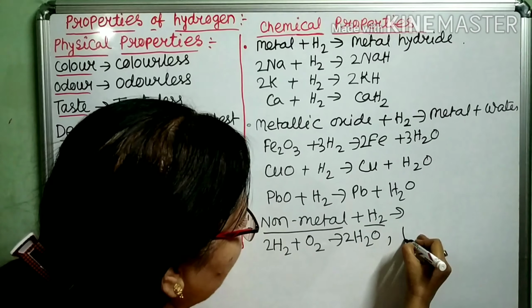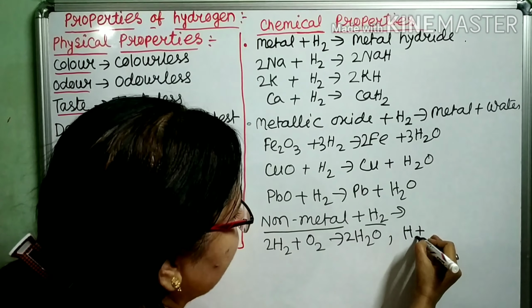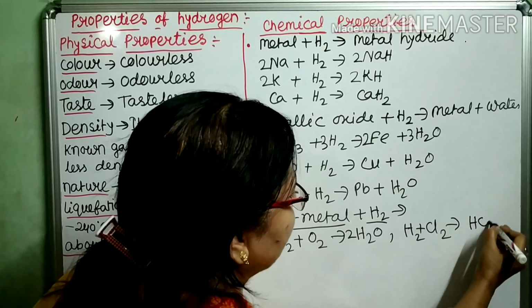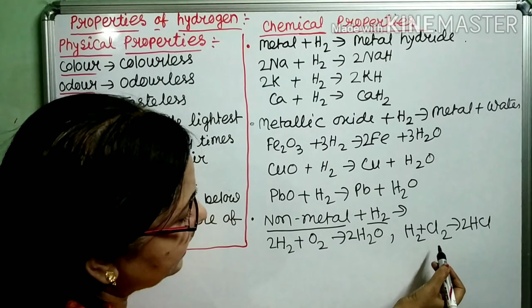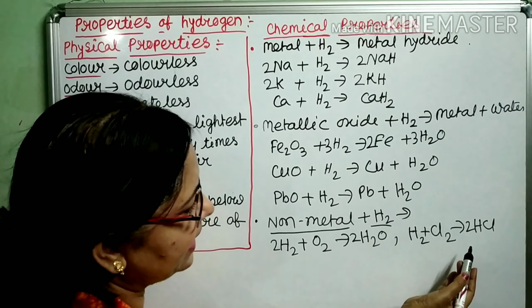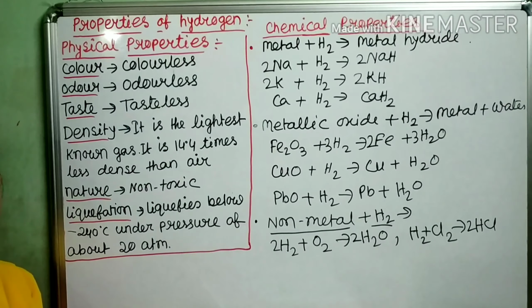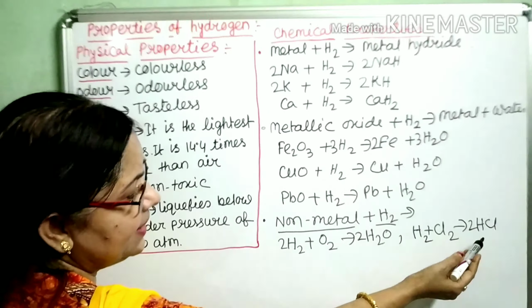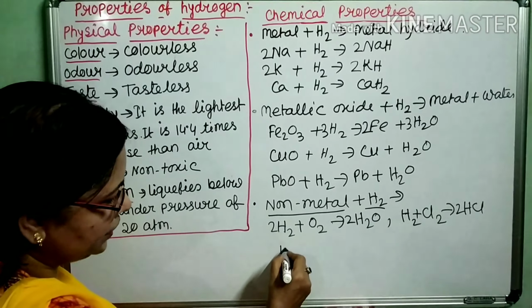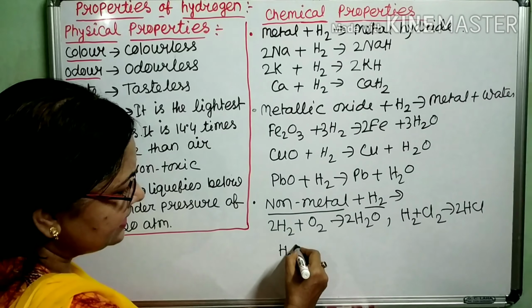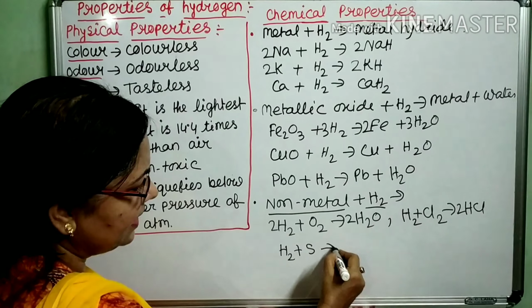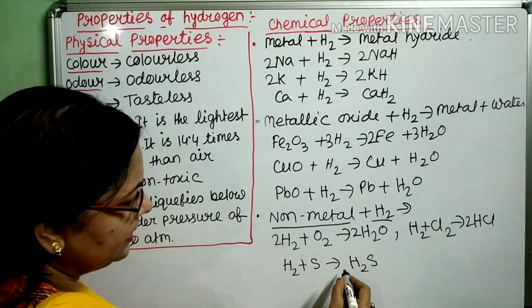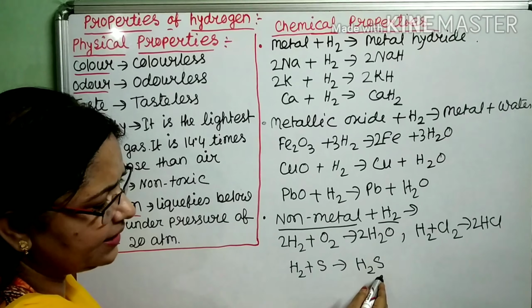Next, when hydrogen reacts with chlorine in diffuse sunlight, HCl is formed. This reaction takes place in diffuse sunlight, as hydrogen may explode with chlorine in direct sunlight. When hydrogen reacts with molten sulfur, hydrogen sulfide is formed, and the smell of hydrogen sulfide is like rotten eggs.